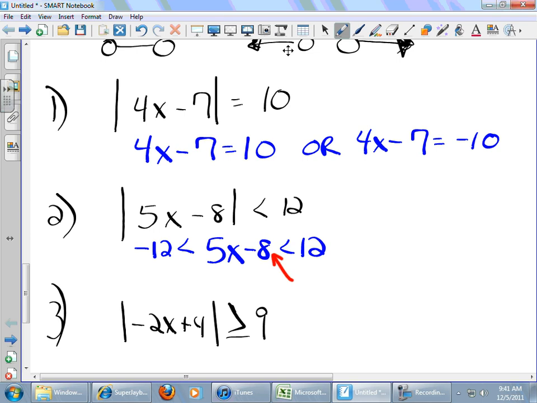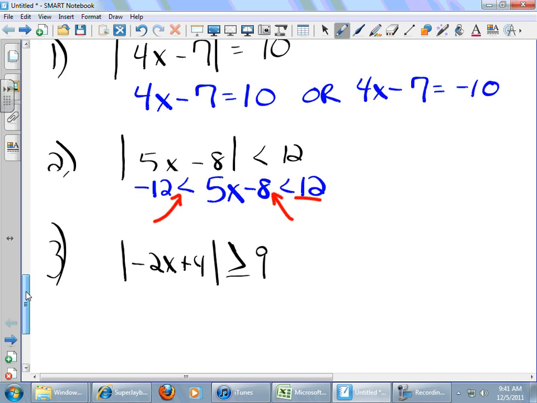It's smaller than this number, right? But if you look over here, the 5x minus 8 is larger than the negative 12. So therefore, the inequality has changed direction. It doesn't look like it has. I find it easier just to solve it this way. Okay?